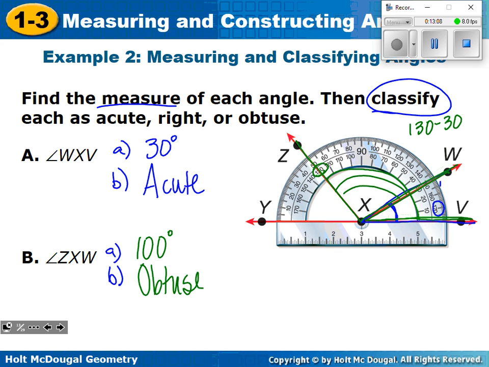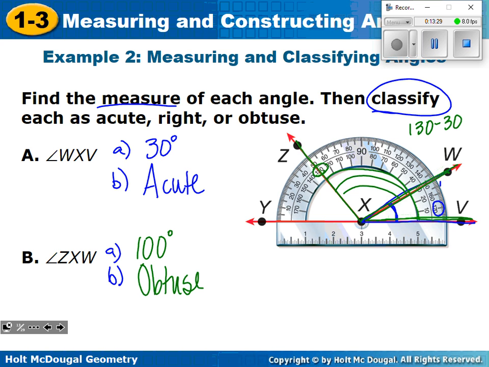Draw yourself a ray. And then remember to be careful when you grab your protractor. The circle in the middle of the bottom of your protractor needs to be lined up with your vertex. So put that circle on that vertex. And then make sure you line up your protractor where 0 is right on your ray.